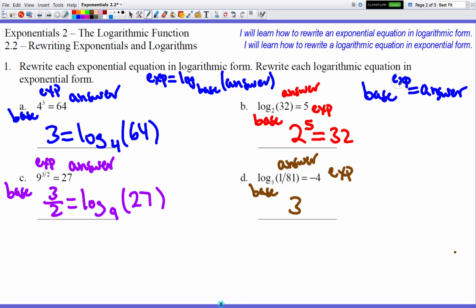Okay, then it says write exponent right next to the base, a little bit raised, a little bit higher, a little bit tinier. So who's in the spot called exponent for my original problem? 1 over 81? No. Negative 4 is. So write negative 4, a little bit higher, a little bit tinier. Okay, and that's my exponent. Then equals answer. So who's occupying the spot called answer? Well, 1 over 81 is. And we're done with this slide.